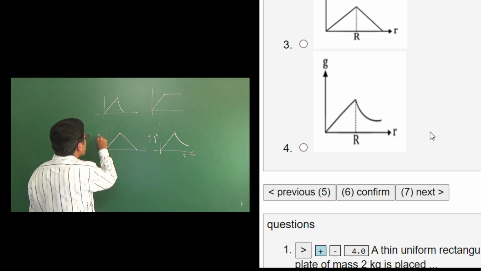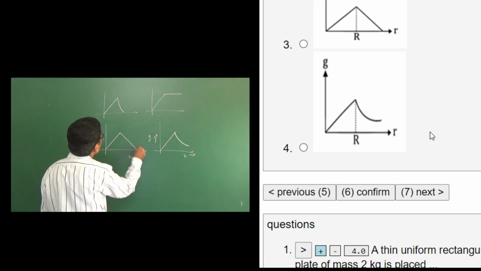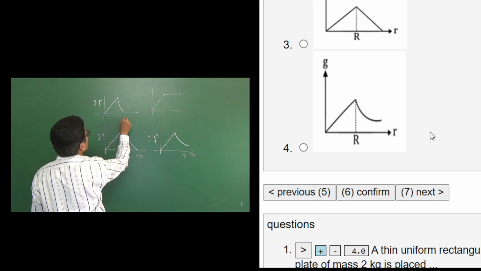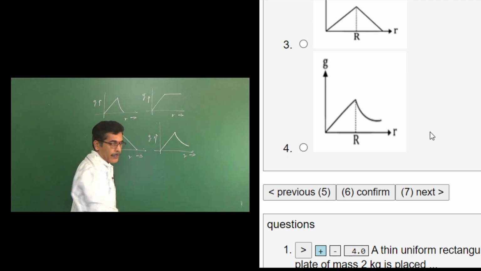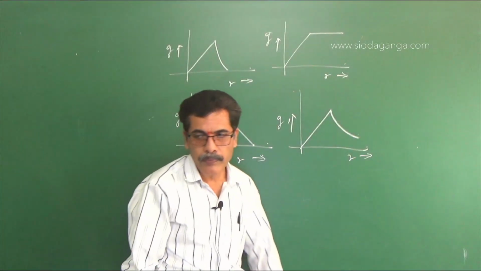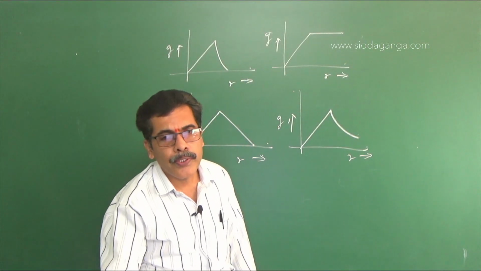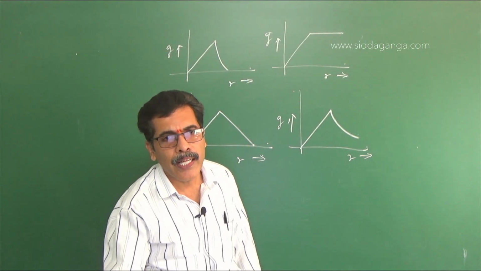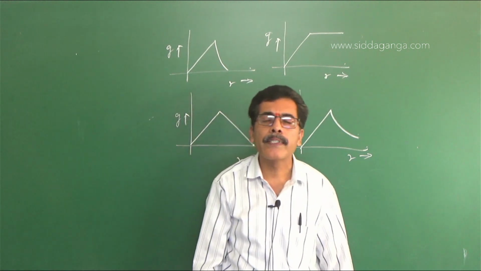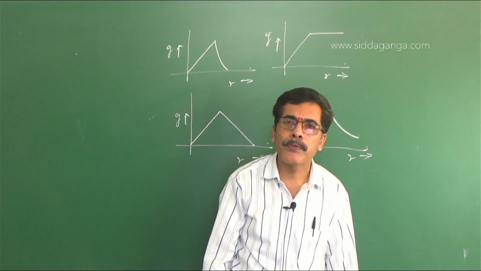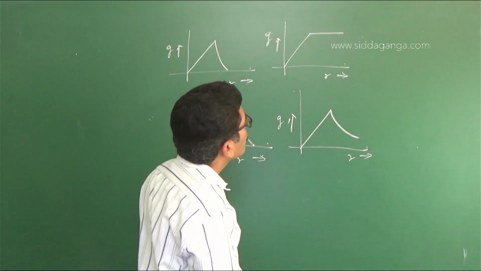So the variation of acceleration due to gravity with respect to distance. They ask you to find which is the right graph which represents the variation of acceleration due to gravity with respect to distance.